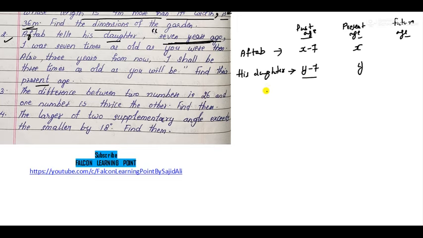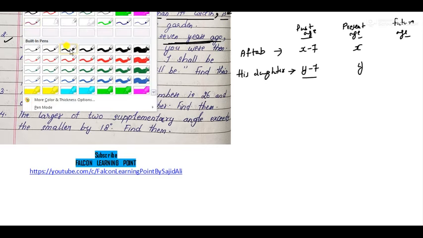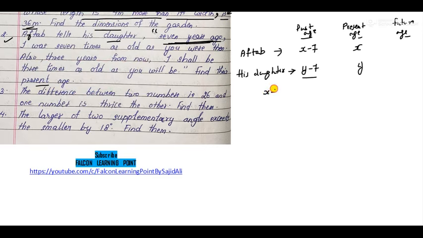So she was y minus 7 and he was 7 times her age, right? So it means x minus 7 is 7 times y minus 7, correct? This is 7 years ago. Got it? This is his age, and that is 7 times his daughter's age.